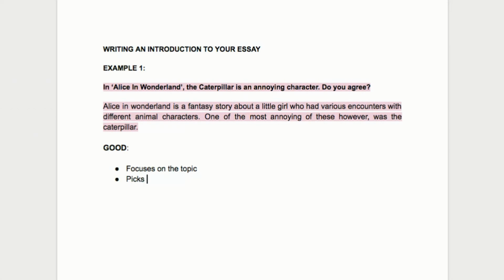You're clearly given the fact that the student agrees with the question. So for an argumentative essay, that's the main thing you need to do in your introduction. You need to have something called a thesis, which gives you your line of argument. So even though it's not a developed thesis, and it's not that personal, you can see that there is a clear thesis or line of argument.